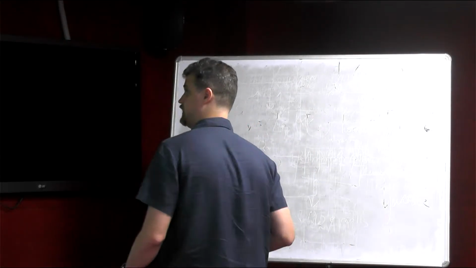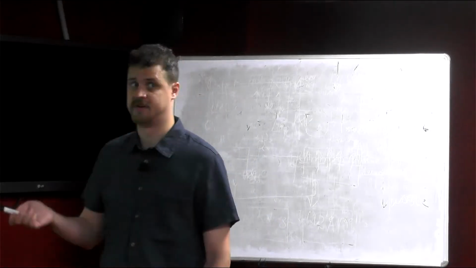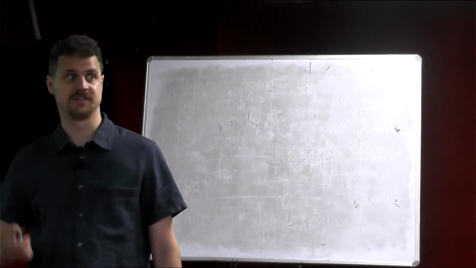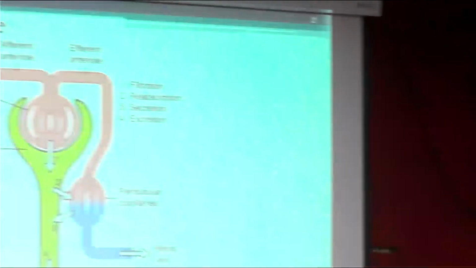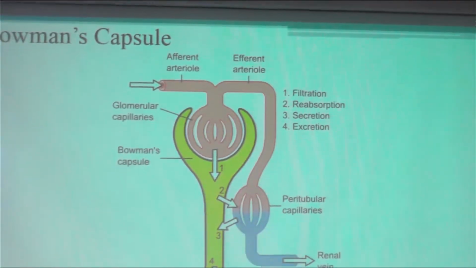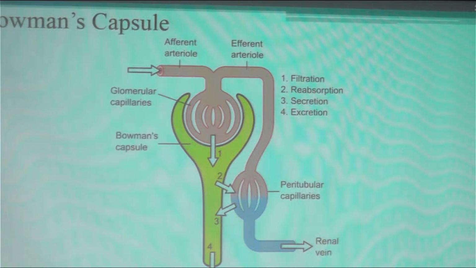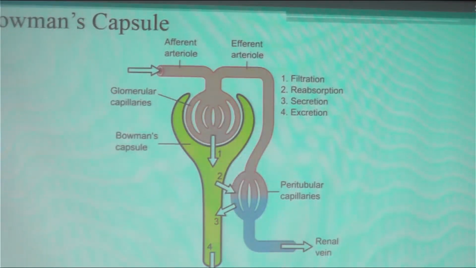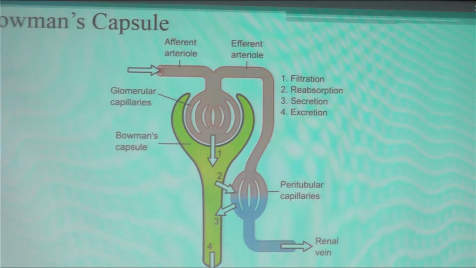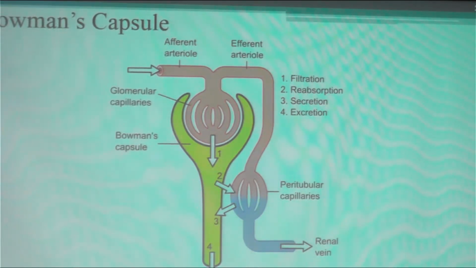So in terms of the Bowman capsule, it's of course a very complicated structure that has a lot of different cell types, like the podocytes and other types of cells that allow to perform the initial primal urine formation in the Bowman space.